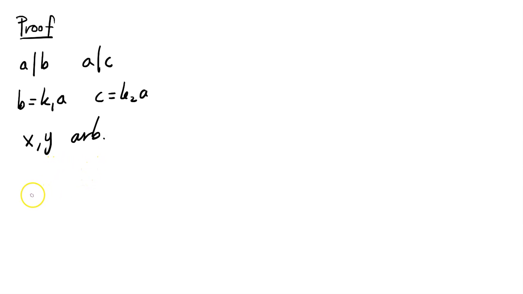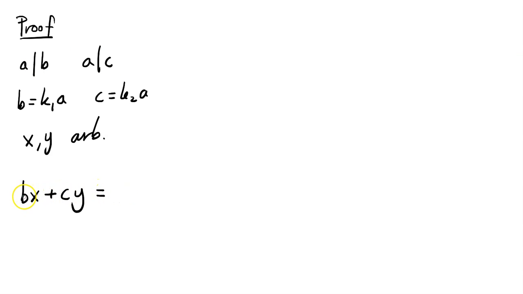Then we can form this expression. Here we have chosen any x and y. Then we can write down this expression, because b and c were given in the precondition. This is just writing down an expression.